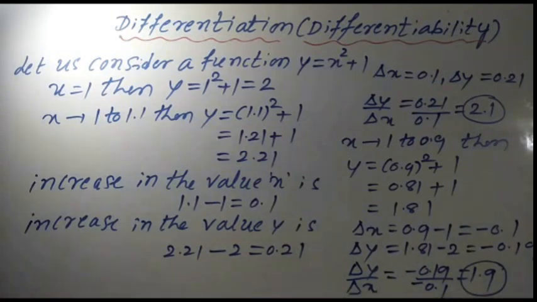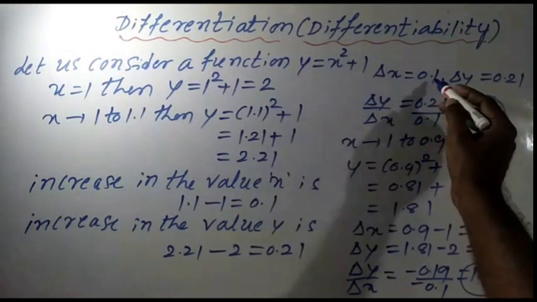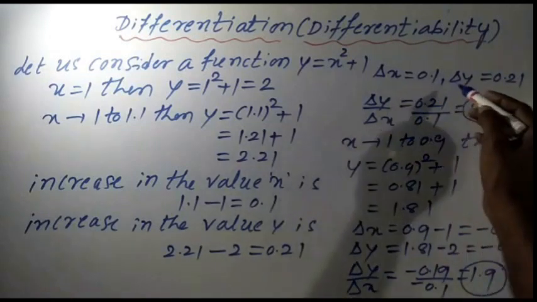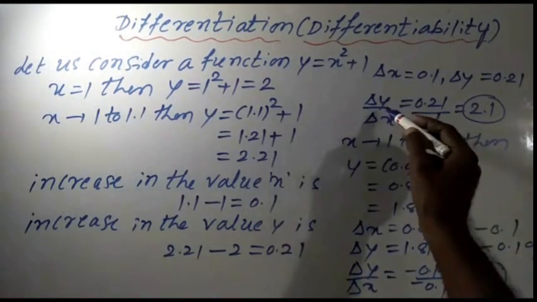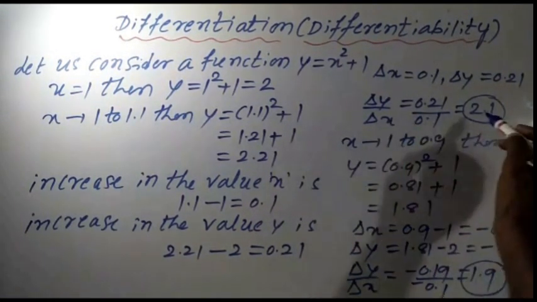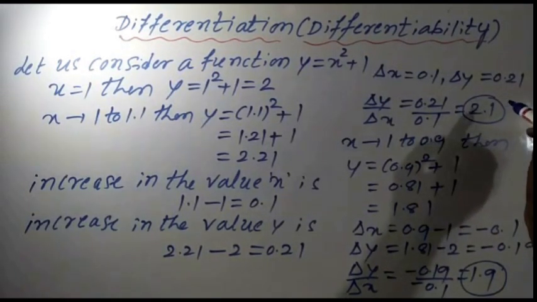We think about it: suppose delta x is made sufficiently small, means delta x tends to 0, very close to, very near to 0. Suppose we take delta x is equal to 0.00001. Then the value of delta y by delta x is near to 2.0001, very close to 2.